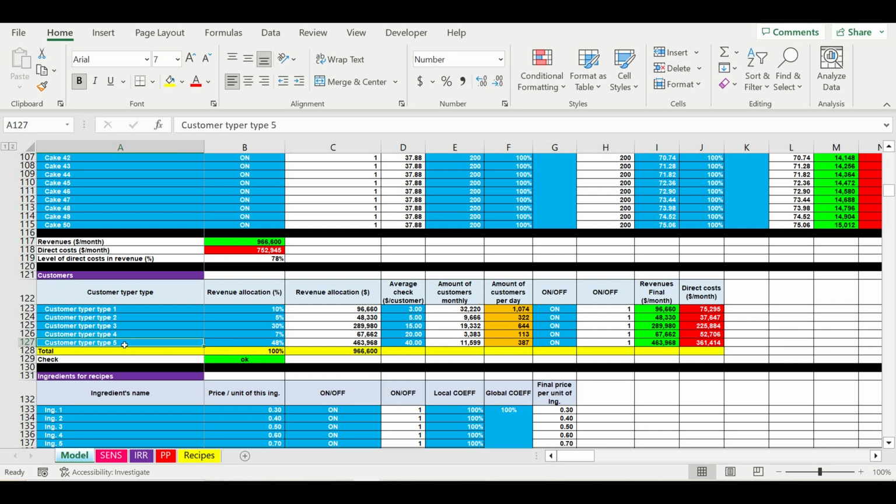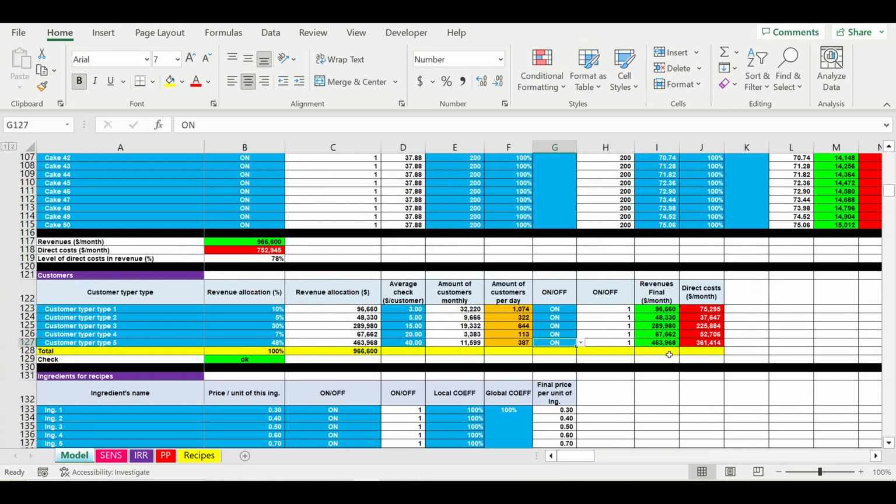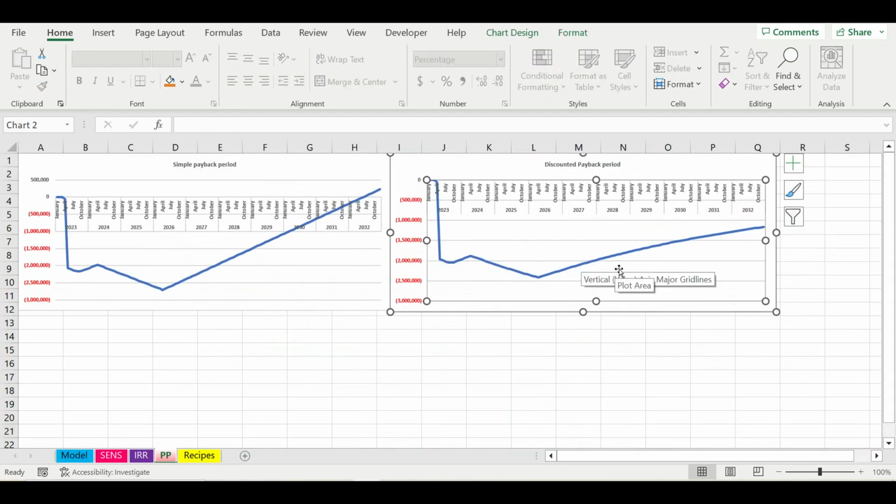This is the scenario to see what will happen if we switch off this customer from calculations, because it is too optimistic. The average check is very big, so it gives us 48% of revenue. We go back and see what will happen to our business idea in this particular case.